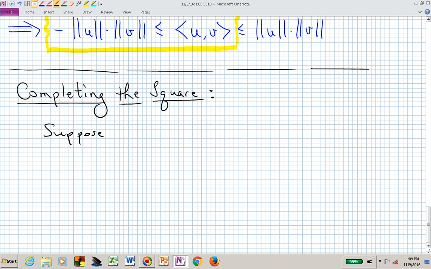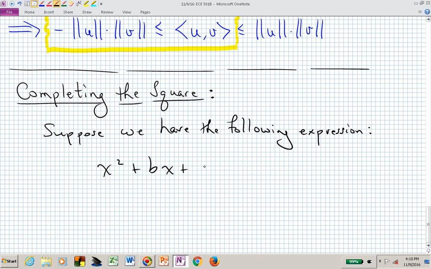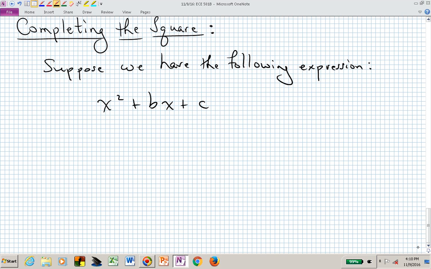When we had real numbers, those were analogous to self-adjoint operators. And so keep that in mind when we're talking about real numbers x. Suppose we have the following expression: x squared plus bx plus c, a quadratic.